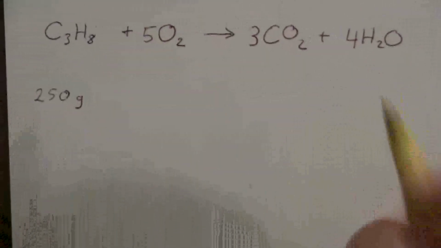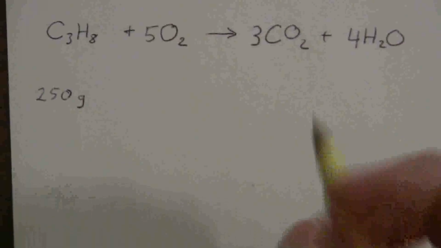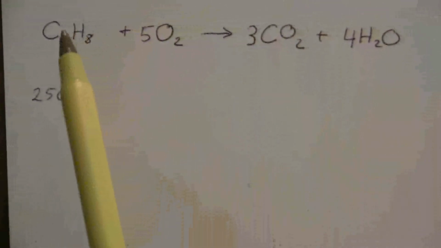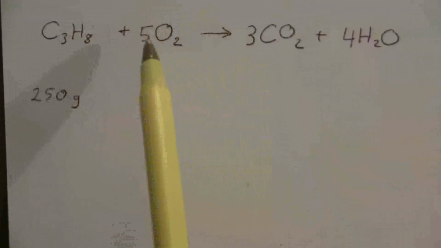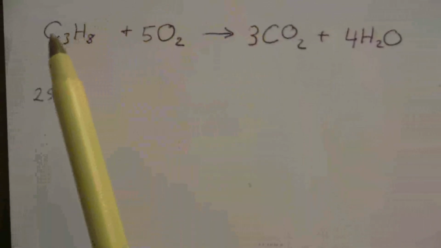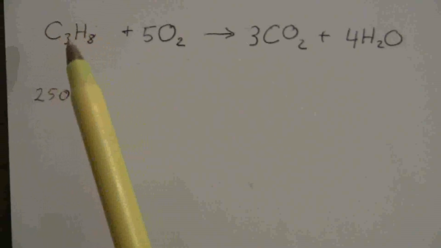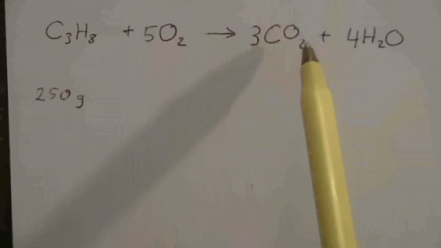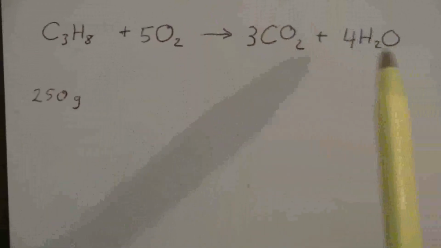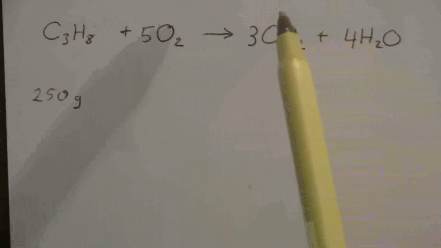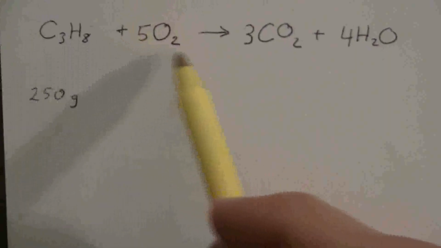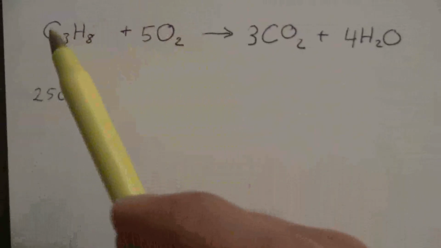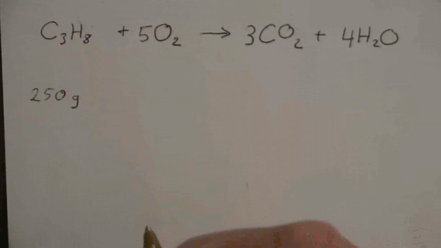All right. So the first thing that we need to do is recognize that what these numbers are saying is that for every molecule of propane, I'm producing 3 molecules of carbon dioxide, as well as 4 molecules of water. And it requires 5 molecules of oxygen to combine with that 1 molecule of propane.